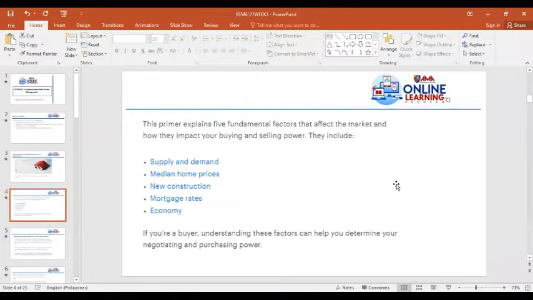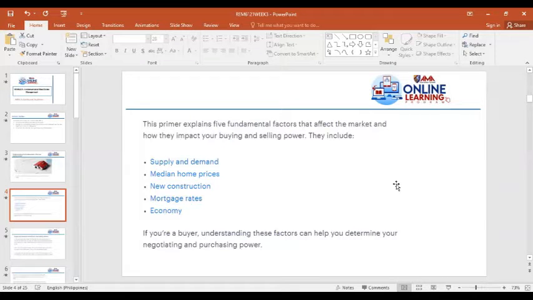This primer explains the 5 fundamental factors that affect the market and how they impact your buying and selling power. They include supply and demand, median home prices, new construction, mortgage rates, and the economy.